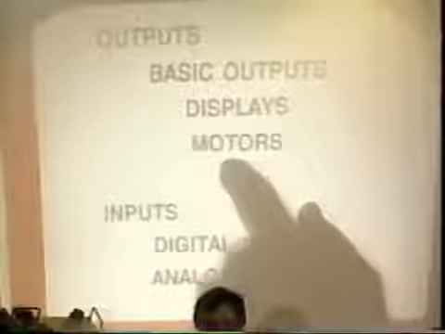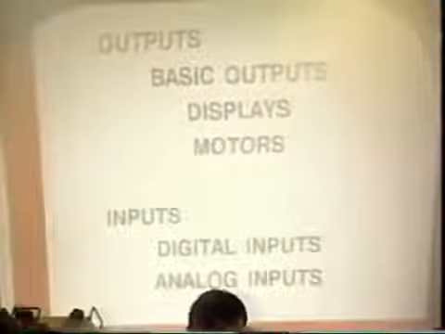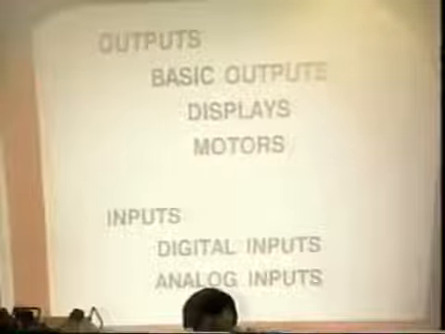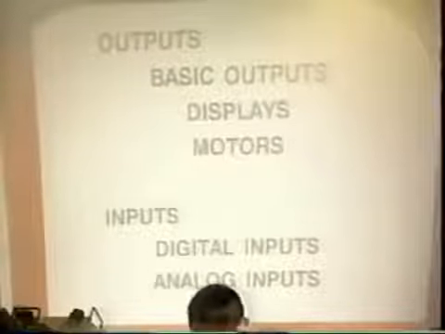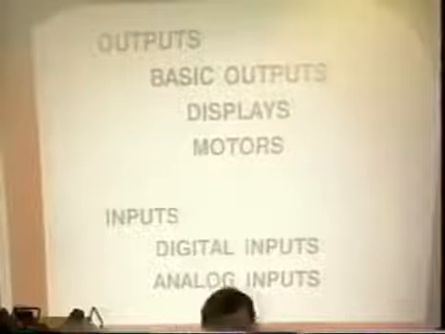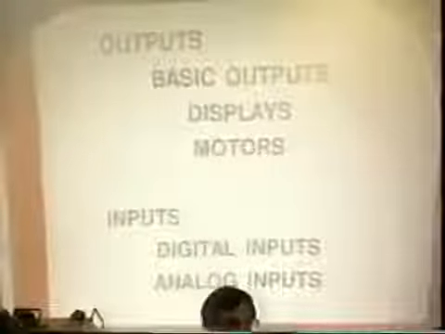And of course we can control motors, stepping motors, servo motors. The inputs would be either digital, where it goes high or low, or analog, like the temperature in the room in your house, which doesn't go this much, then this much, then this much. It's a smooth change, and that's called analog. And you can input analog to your computer. So we're going to look at some of those things.